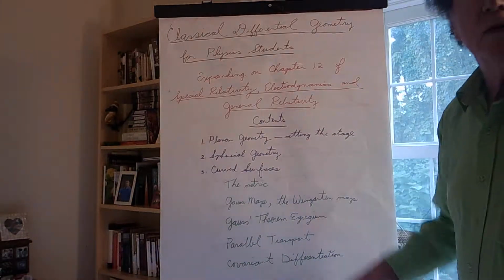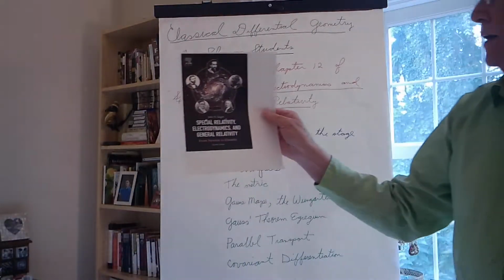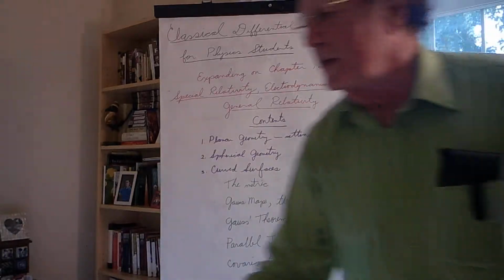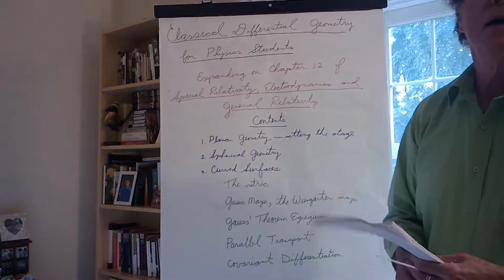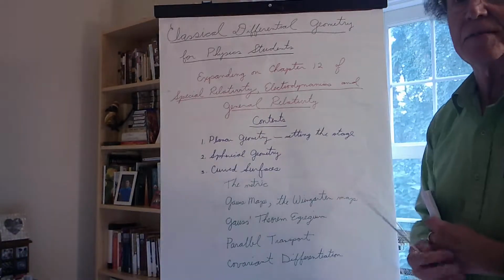So welcome to the next set of lectures for the book Special Relativity, Electrodynamics and General Relativity. This is a course. It's going to be a self-contained course in Classical Differential Geometry for physics students.